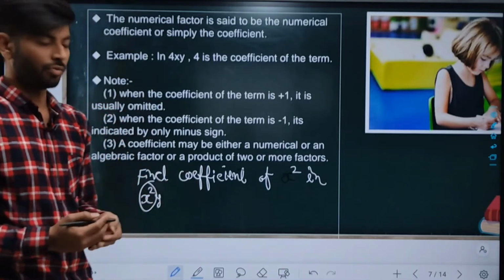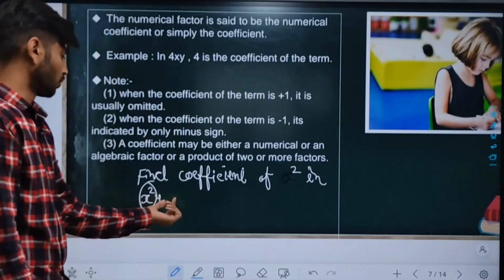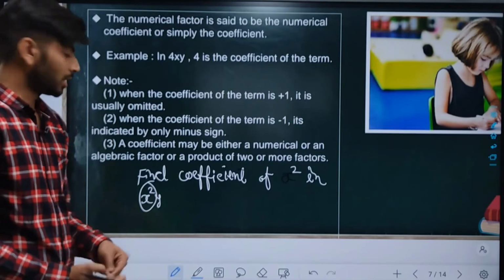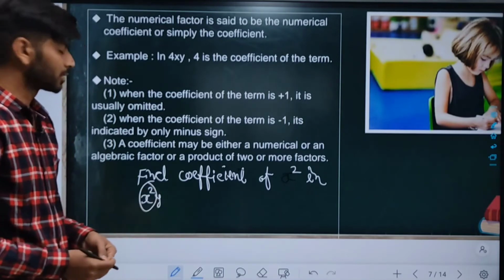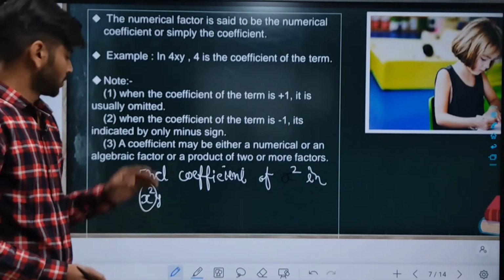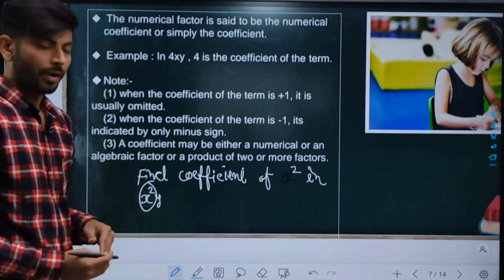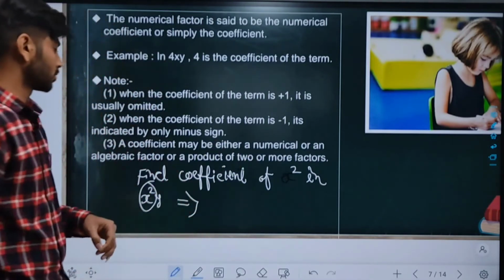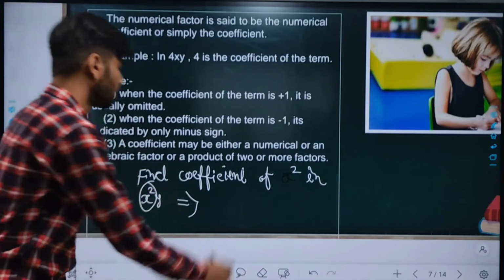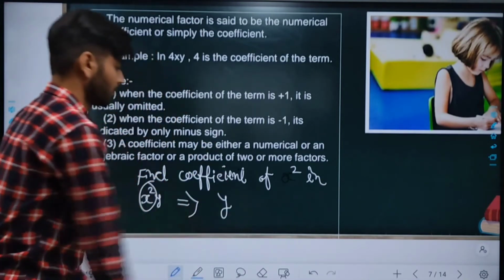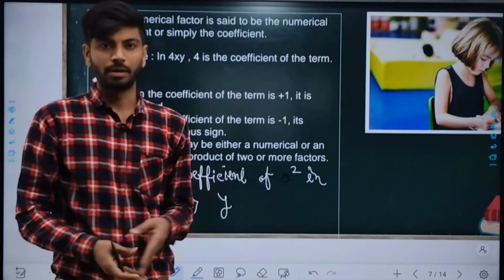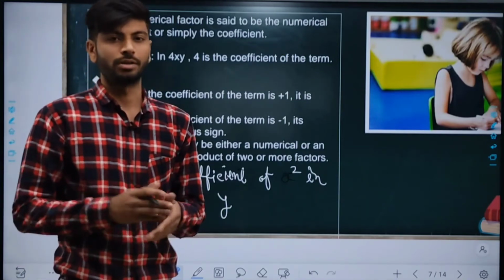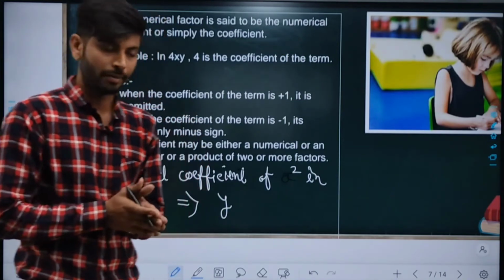So what factors are multiplied in x square y? Only y. So the coefficient of x square in x square y is only y. You can say 1y, but we will not use 1, we will only write y.